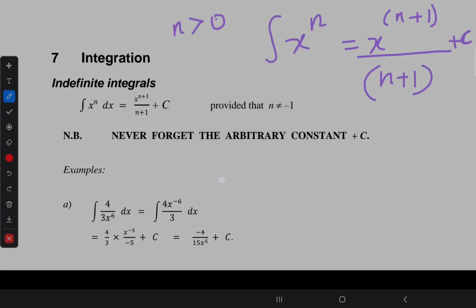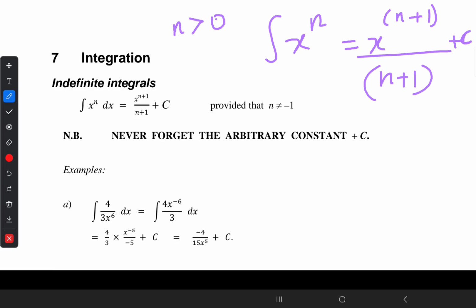Okay, let's do an example. Take x to the power of 5. While integrating, you have to write the integration mark, then x to the power of n plus 1. Here n means the power of the pre-existing x, that is 5.